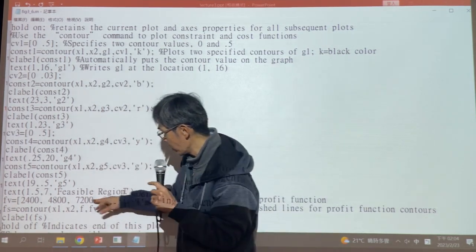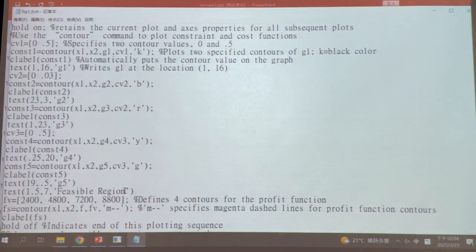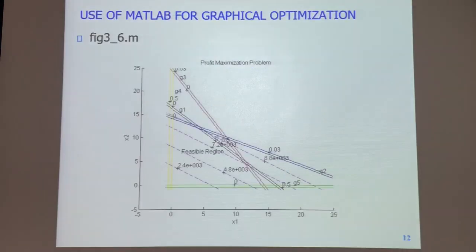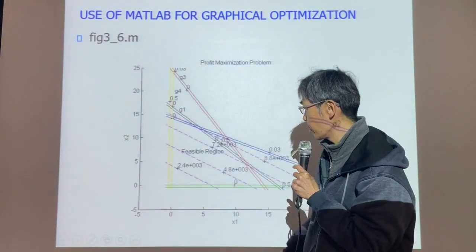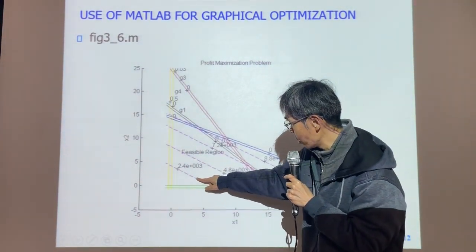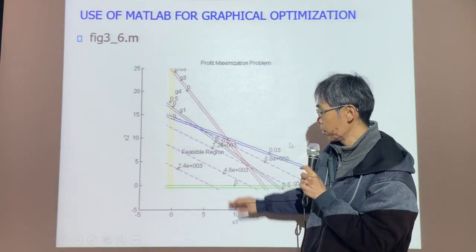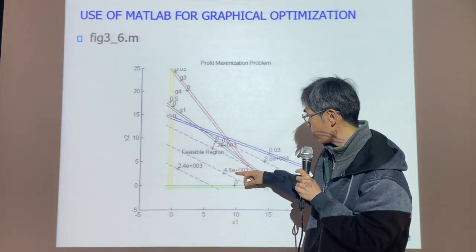So we have four contour lines for the objective function. If you look at this one, see, magenta is the color, then dashed, 1, 2, 3, 4. We have four contours, and this is the contour value.